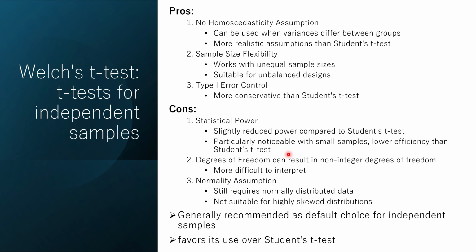And third, normality is still assumed. So if the dataset is highly skewed or has heavy tails, we need to consider another non-parametric alternative, such as the Mann-Whitney U test. But basically, the Welch's t-test is more robust than the Student t-test in general.